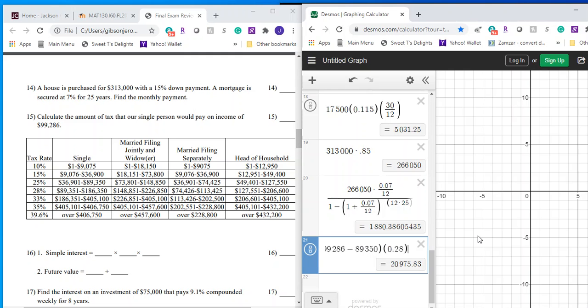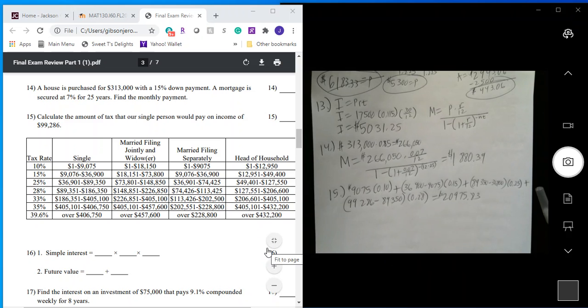And the total tax would be $20,975.83. It's a lot of steps, but it's not bad, just a lot of steps.